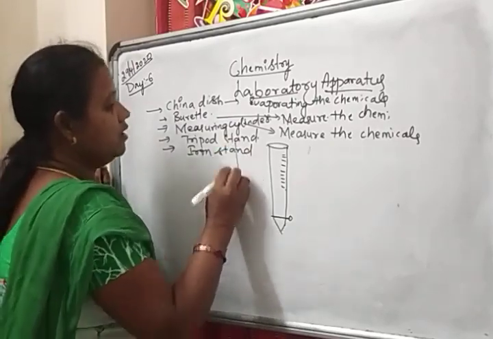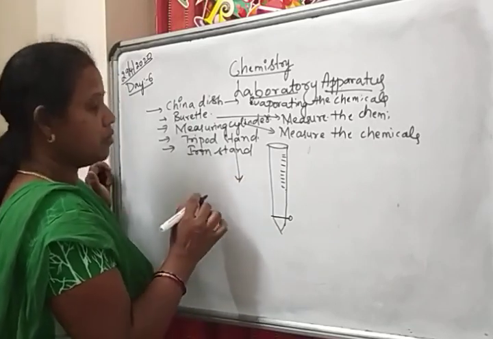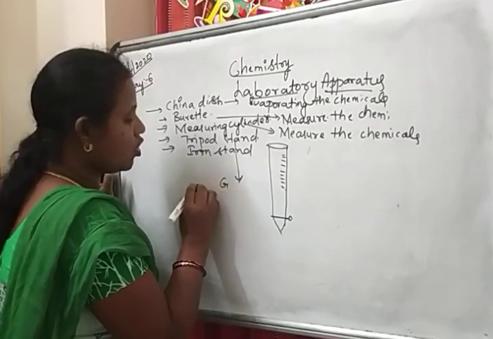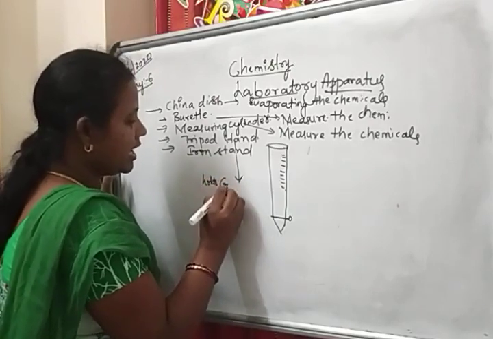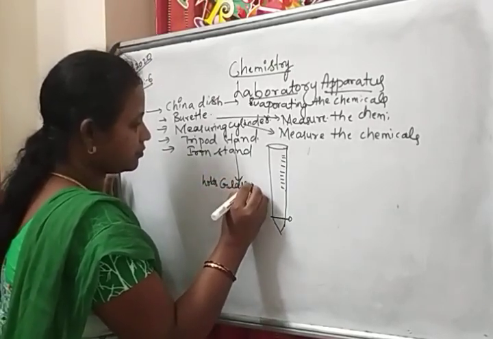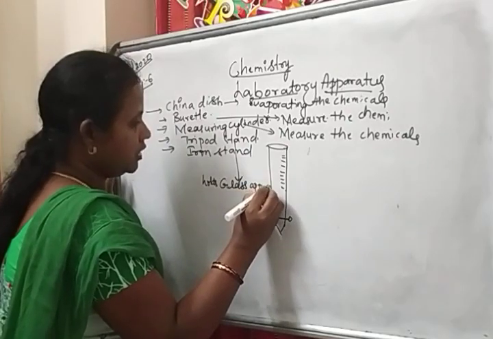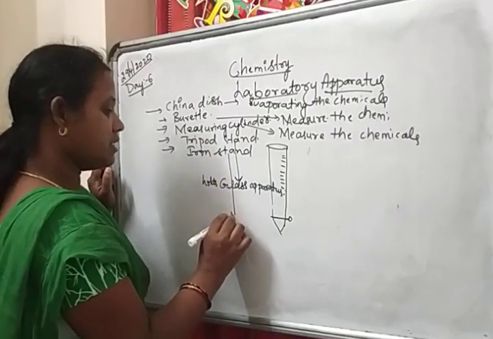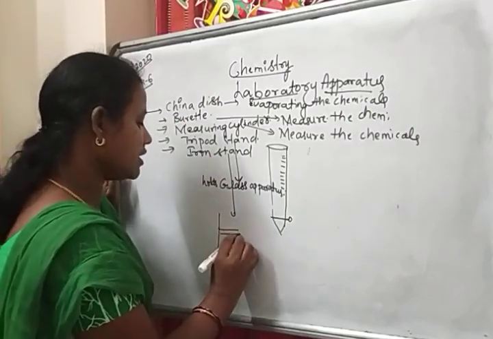The next, we have learnt about tripod stand. What is the use of the tripod stand? It holds the glass apparatus during the heating process. And iron stand. Do you remember how will be the structure?